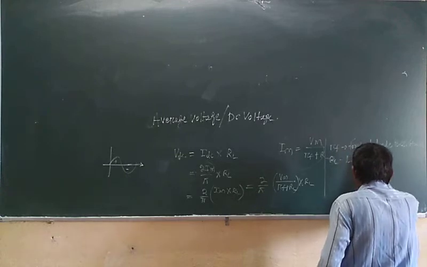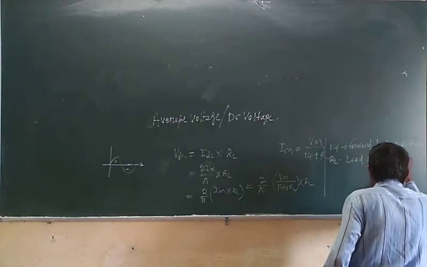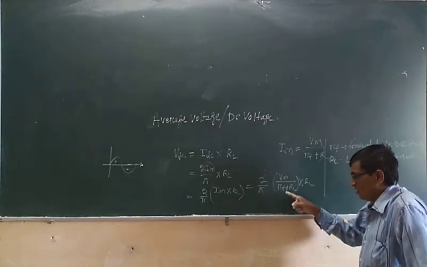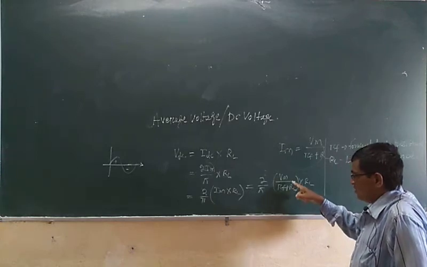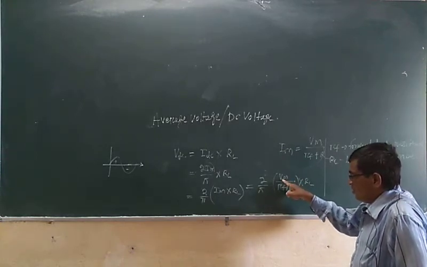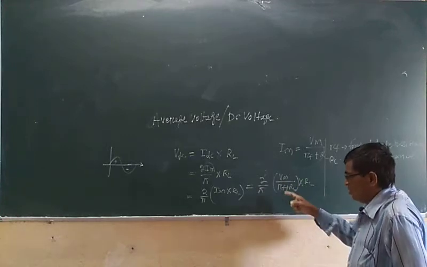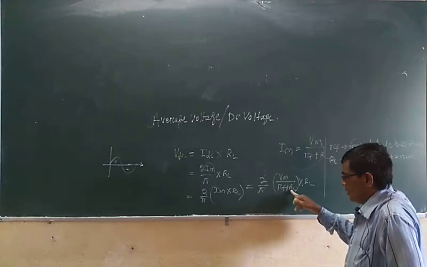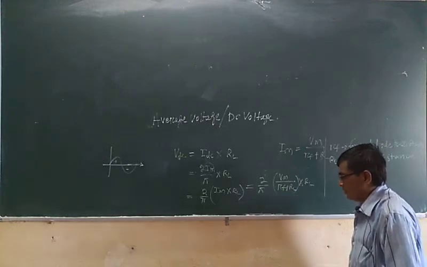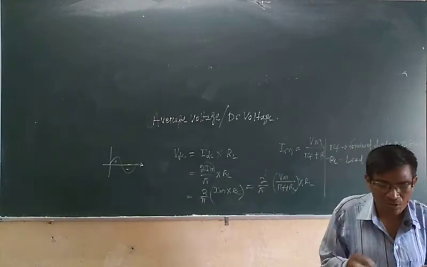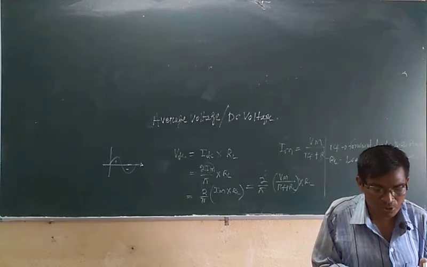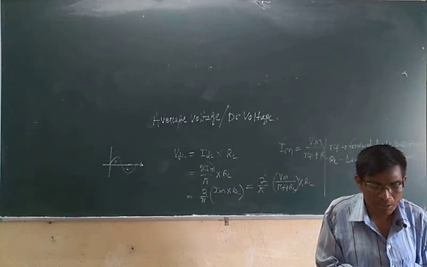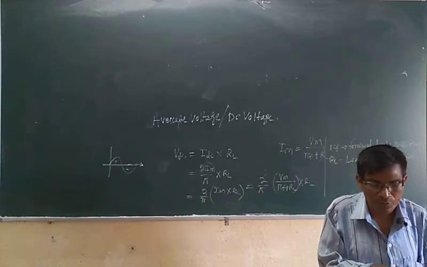So in a full wave rectifier circuit, RL is much greater than RF because RF is the diode resistance or junction resistance. The junction resistance is always very small, that is negligible.